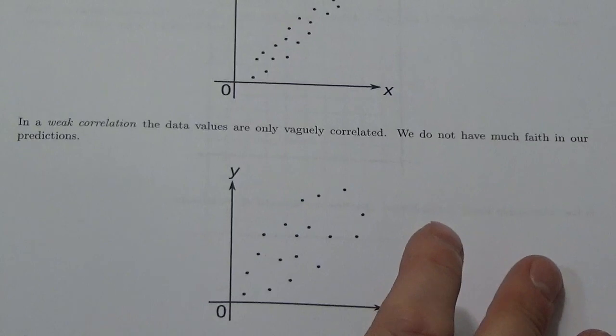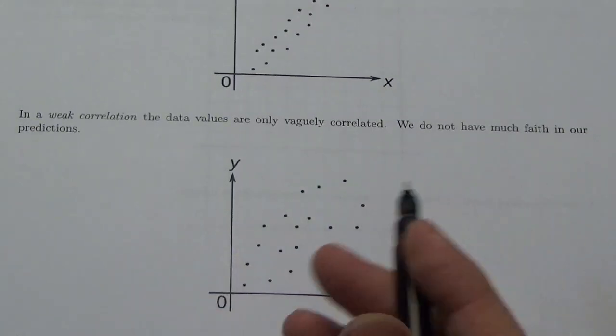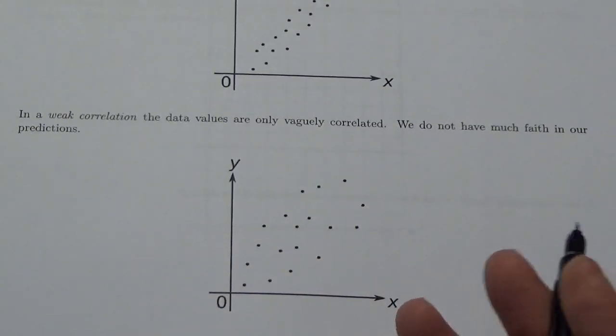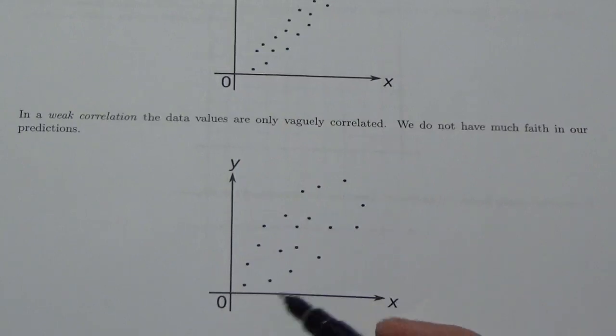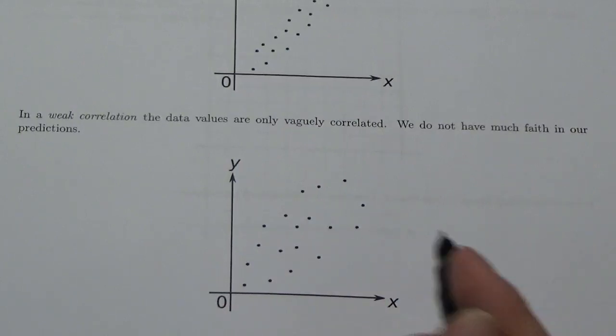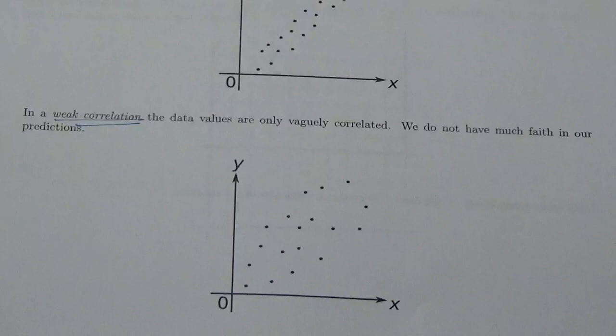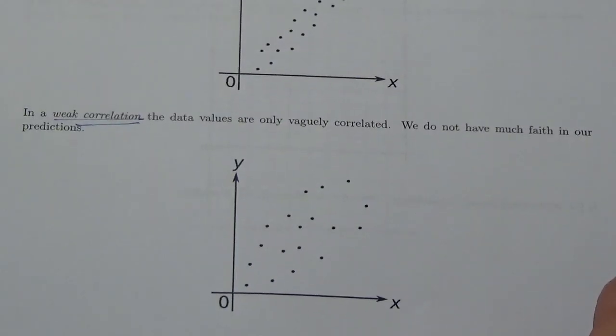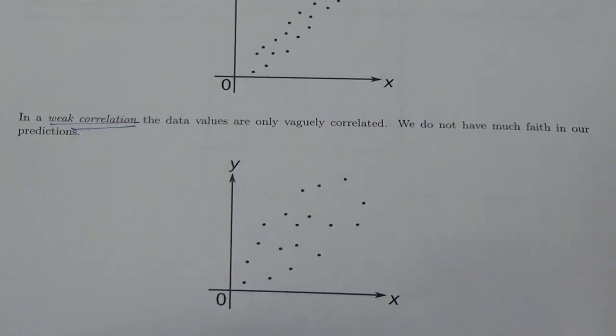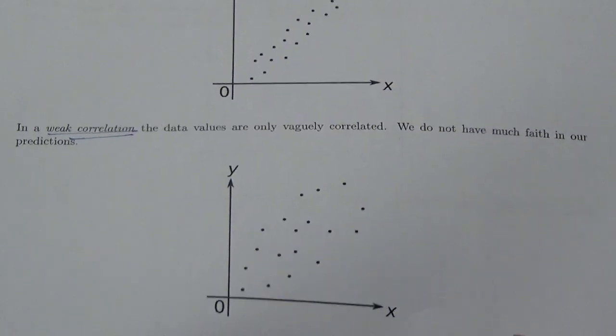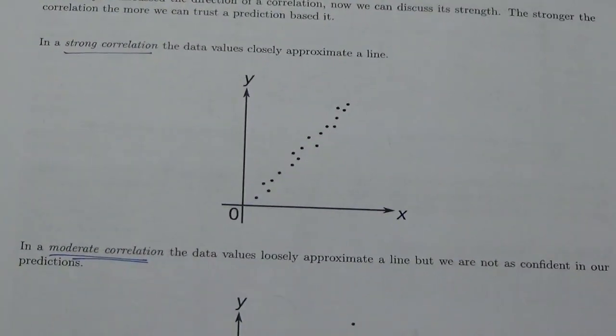And then in a weak correlation, there's only a vague connection. In fact, you might not even be confident that you can see a line of best fit in there. If you're not at all sure what the relationship is supposed to be, that's probably a weak correlation in the data.